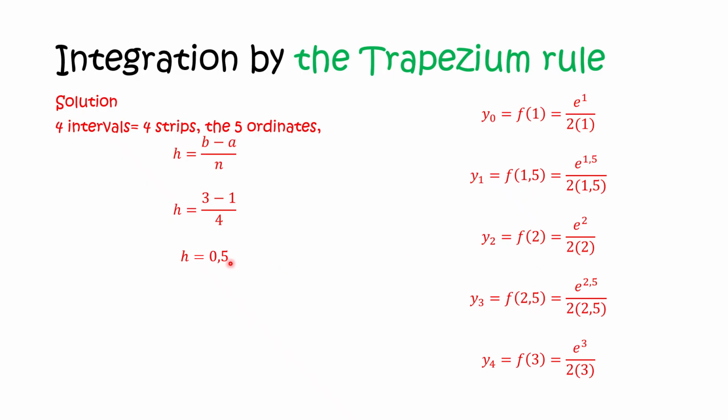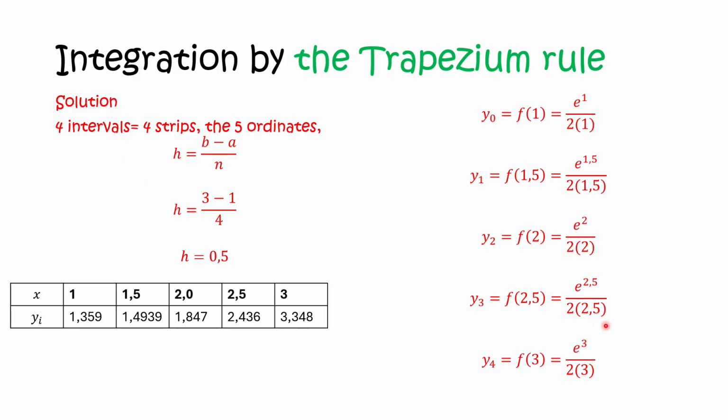F of 2.5 to be precise is equals to e to the 2.5 over 2 times 2.5. Then for the last one, y4, we add 0.5 to the previous x value of 2.5 so that we get 3. That is to say y4 is equals to f of 3, giving us e to the 3 over 2 times 3.